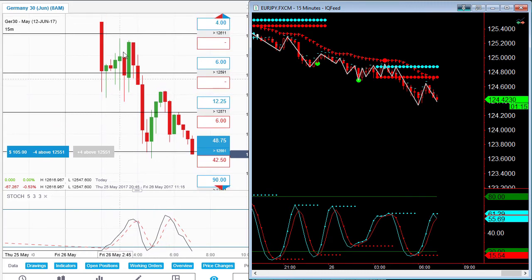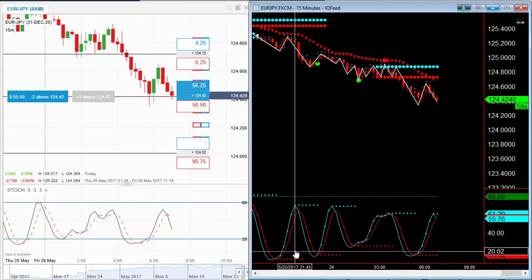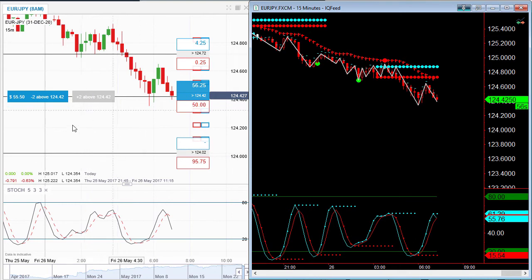You can see from the chart you're making lower highs, stochastics again making higher highs. In this one, I also have a profit target set at 25 as well. It's really the same setup as what I'm in on the euro yen right now.